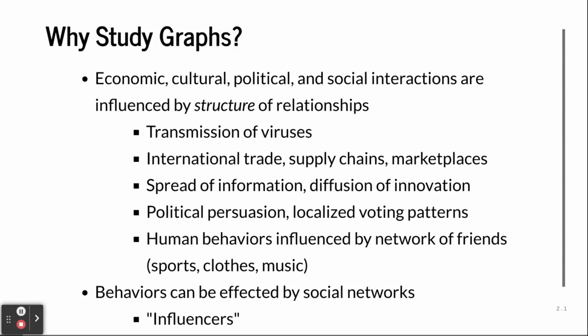Another example might be the spread of information. Consider a social network like Twitter or another common platform like Reddit. You might be able to represent users on that platform and their interactions with each other via a graph or network.